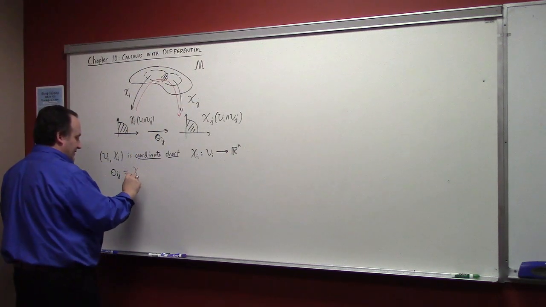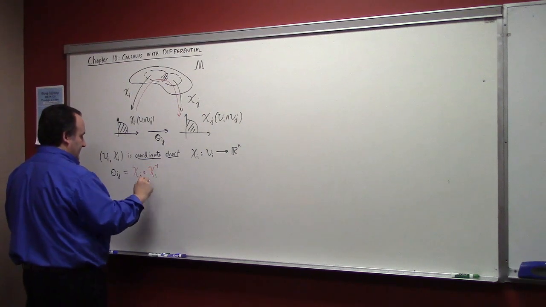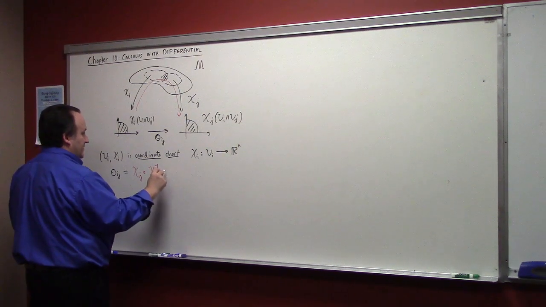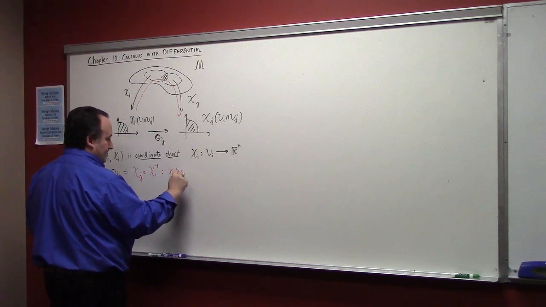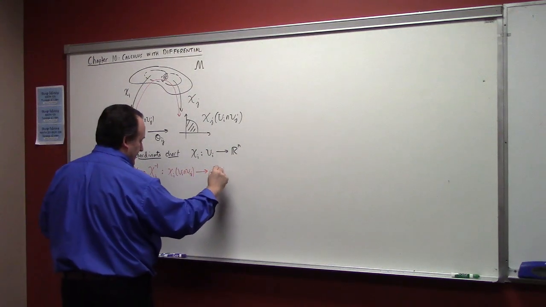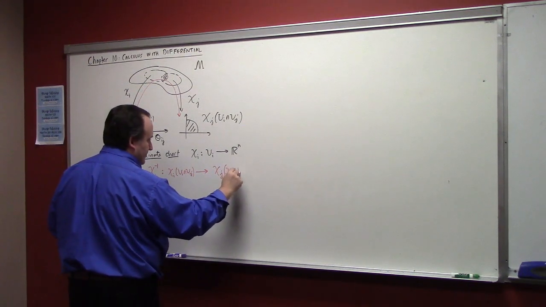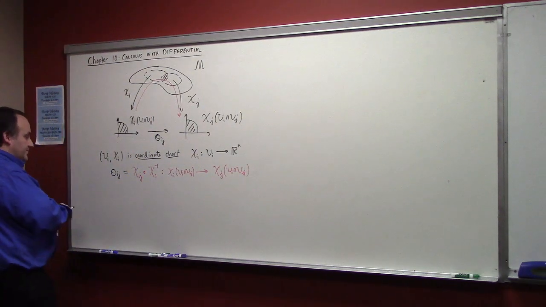So xj composed with chi-i inverse, right? That's a mapping from chi-i of the intersection to chi-j of the intersection, I believe. That's called the transition function.